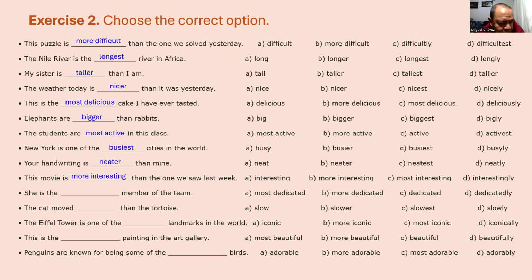Next. She's the most dedicated member of the team. Next. The cat moves slower than the tortoise. Next.